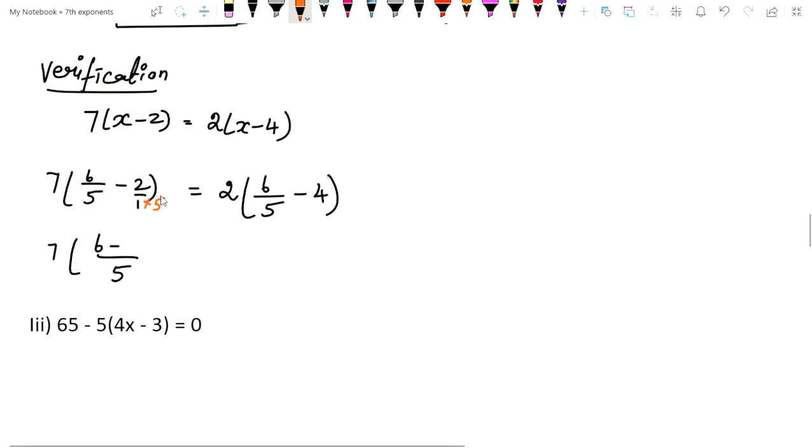Once you multiply the denominator, you have to multiply the numerator also. So 5 2s are 10 equal to 2 into, here also denominator is 1, so LCM is 5, 6 minus, here you want to multiply with 5. 5 1s are 5, 5 4s are 20.